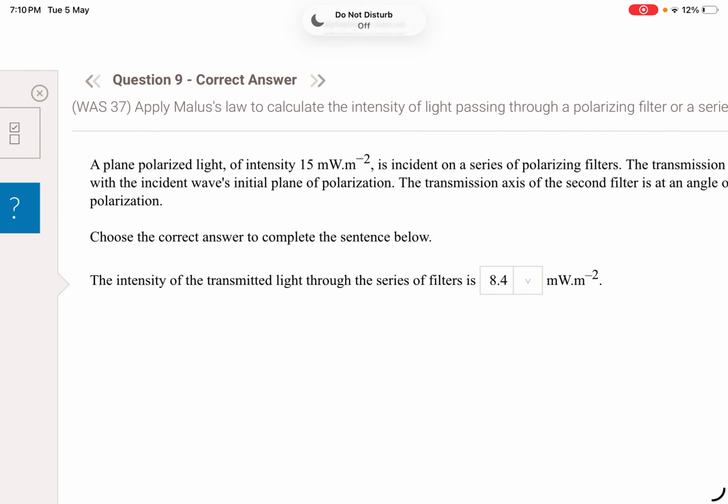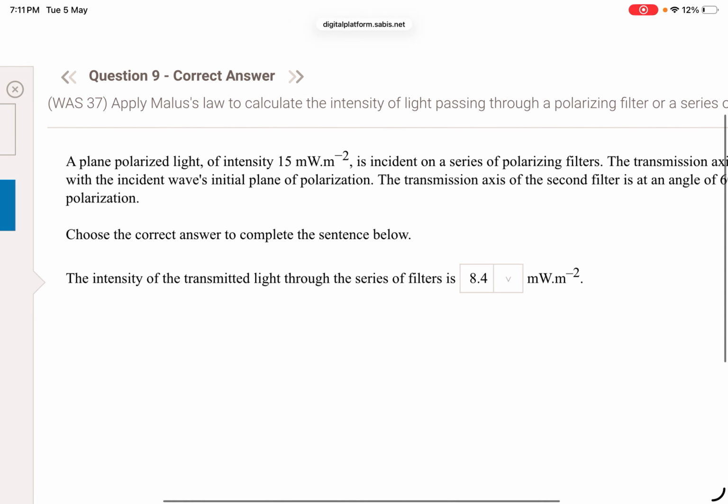Question number 9. Here they said a plane polarized light of intensity 15 mW times m to the power of negative 2 is incident on a series of polarizing filters.